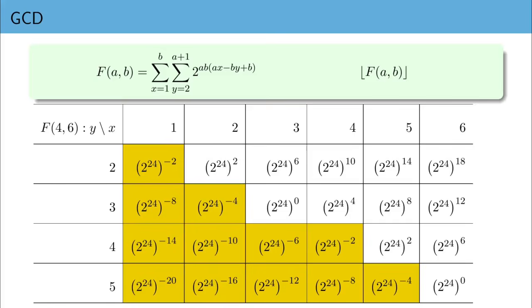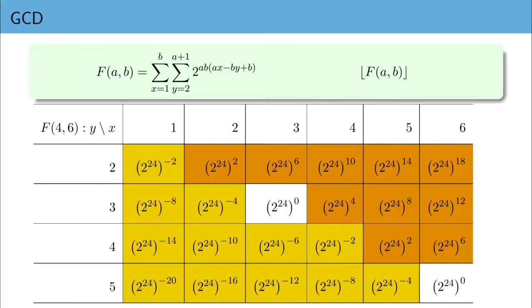So if we take the floor of f of ab, this will get rid of all of these terms here, leaving just the sum of the remaining terms, which are all integers. And we actually also want to get rid of these terms here, terms where it's 2 to the 24th to a positive exponent, which we can do by taking the remainder when we divide by 2 to the ab, 2 to the 24th.